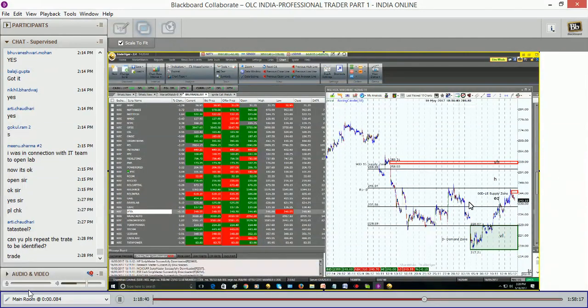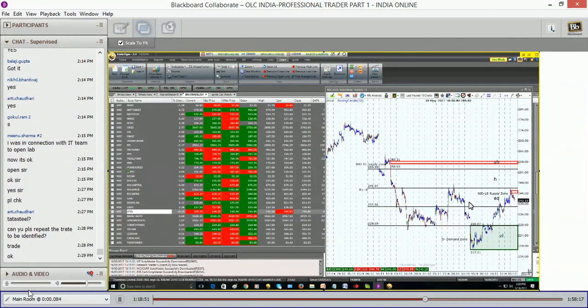I think your Trade Tiger just got disconnected, so quickly just show it to me. Meenu, I'm not able to see. Aarti, it is a weekly income trade in Tata Steel. That's correct. I think somebody else is using your ID, Meenu. That is why you're facing this multiple times.